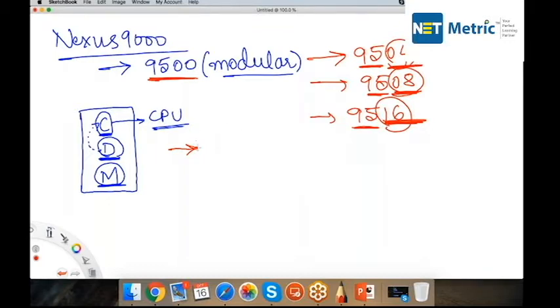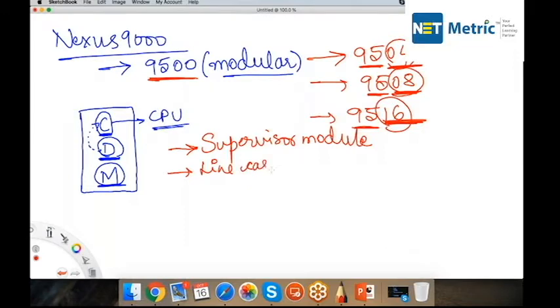So 9500 devices are all modular. There are mainly three hardware models: 9504, 9508, and 9516. These are the three hardware models of the 9500 series.